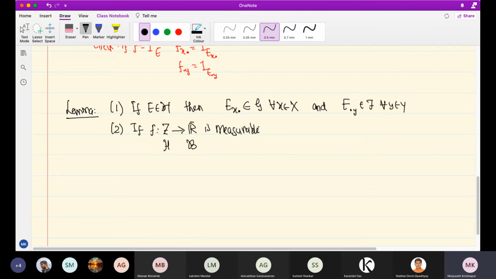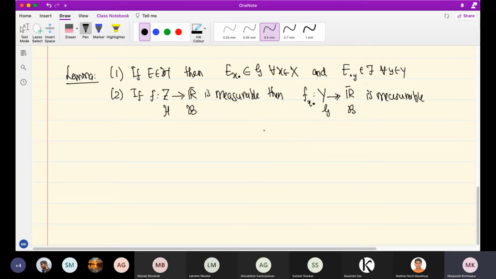Then f_x, a function from Y to the extended real numbers, is measurable with this, and so is f^y, which is a function from X to R bar.